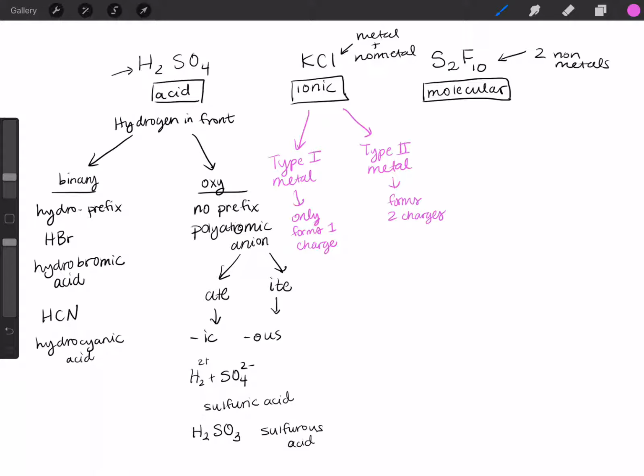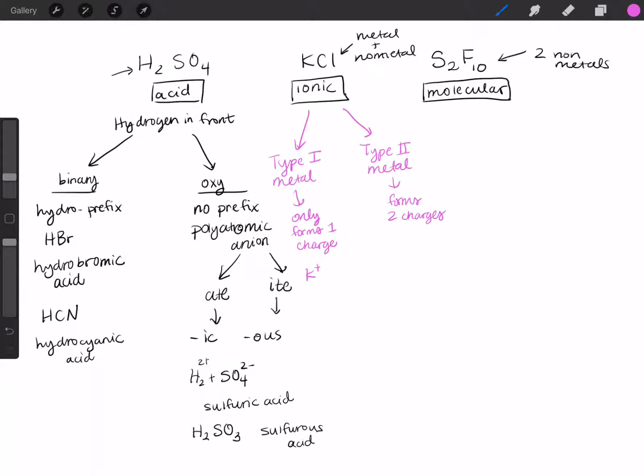So what you have to do is determine how to name it based on how many charges it forms. KCl, which category does this fall under? Daniel? Type 1, why? Potassium doesn't form two charges. Potassium is just a single charge alkali metal.